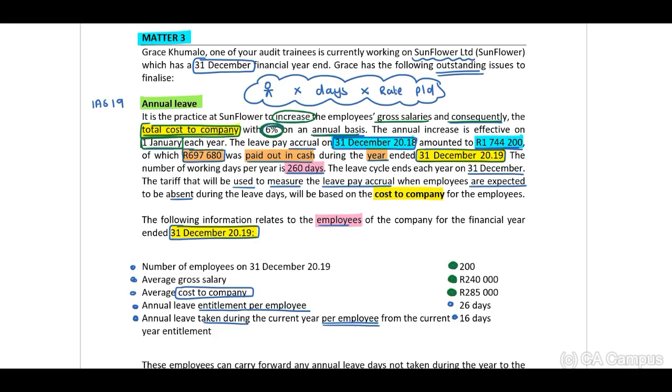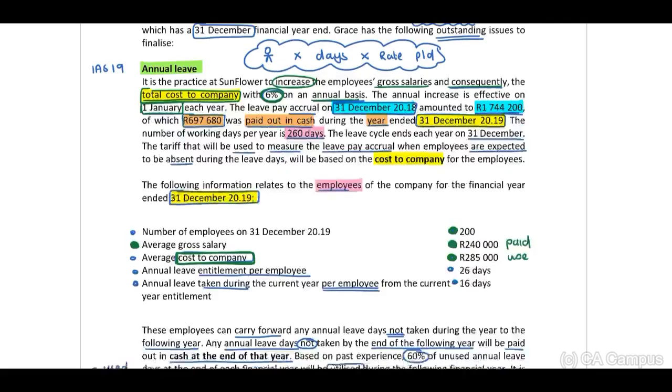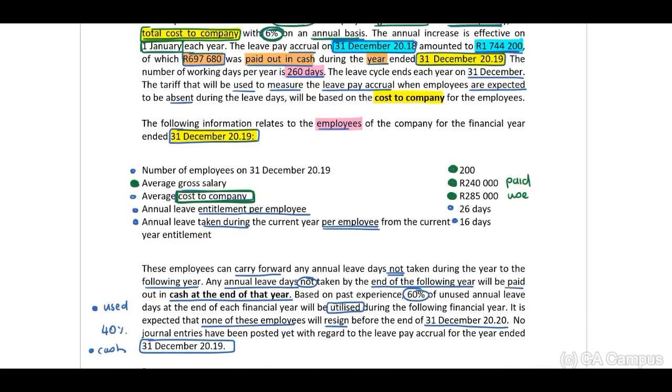Now, guys, important here, hey? If the employees use the leave, you agree with me that the entity will have to pay the cost to company value, okay? If the employees will be paid out the leave, we will use our gross salary, right?